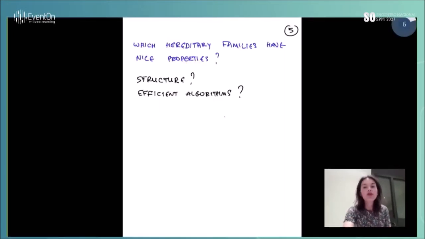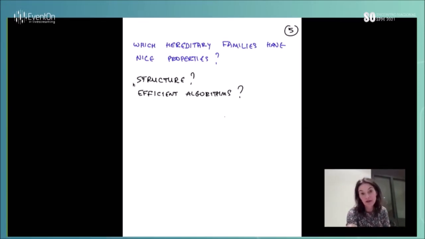Okay, so now some hereditary families are nice, some hereditary families are not nice. That opens the door to a lot of questions, all under the umbrella of which hereditary families are nice, which hereditary families have nice properties.